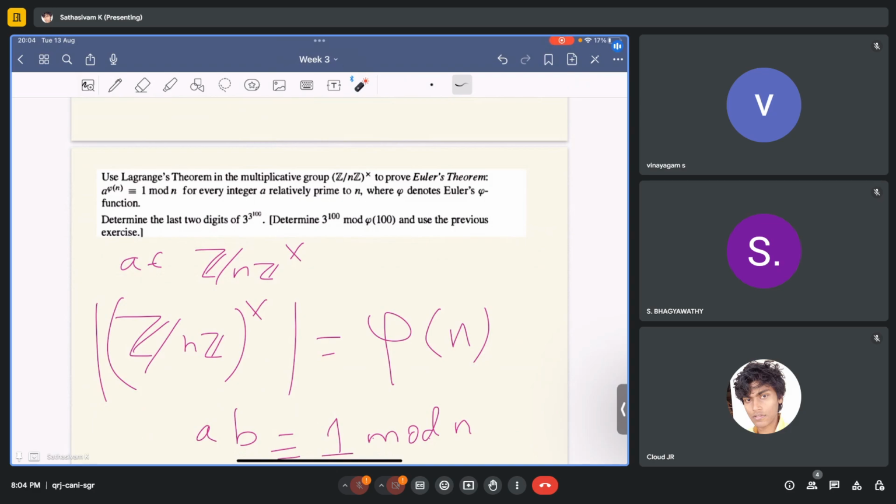How do you determine that? They are telling you to determine this, using the previous exercise. So what exactly do we have to do?